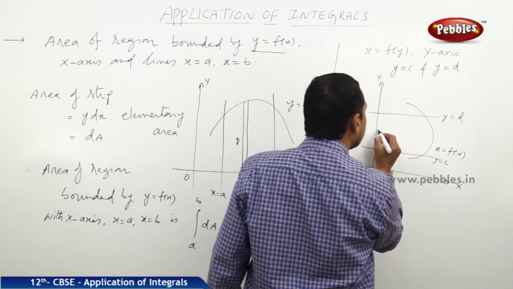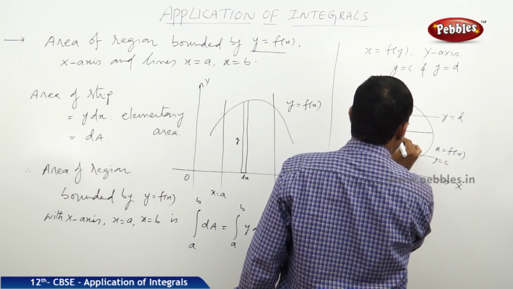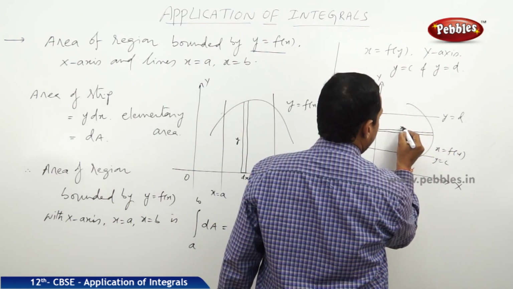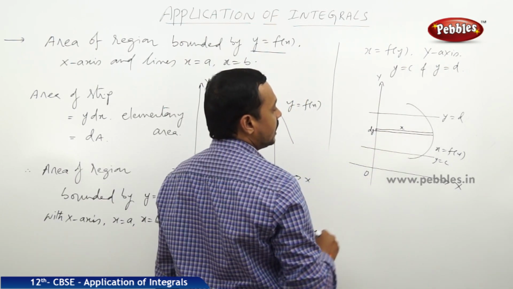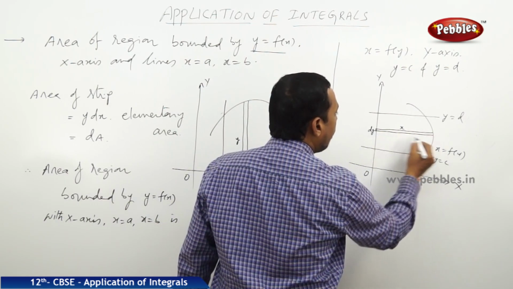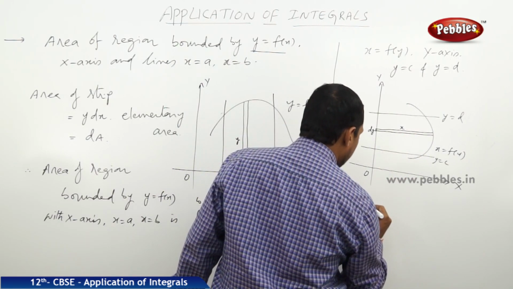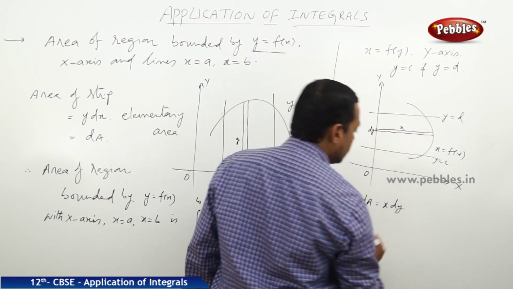Now here also we can consider a small arbitrary strip whose length is x units and width is dy. Then the area of this elementary strip, or elementary area dA, is equal to x into dy.